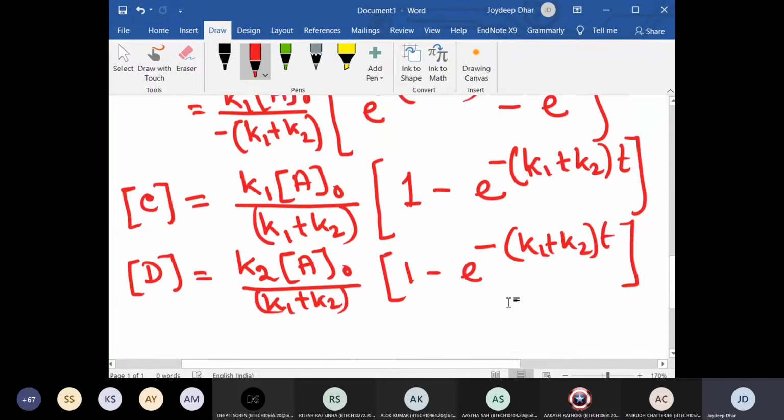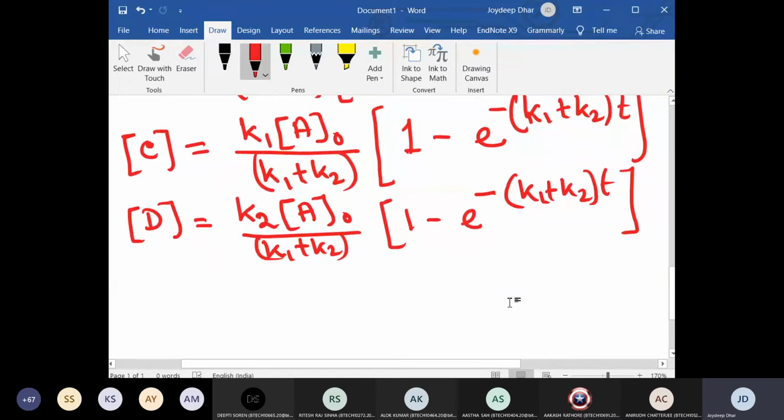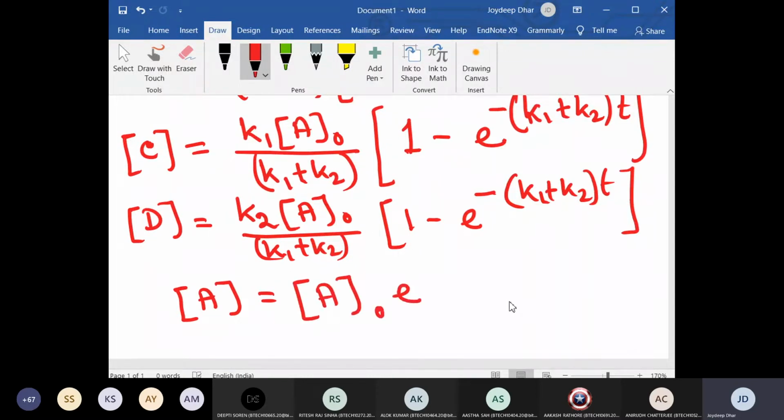So if two products are following a first order reaction or unimolecular reaction, then the concentrations of C and D at a particular time you can calculate by these two equations, and the amount of A that remains unreacted will be simply e to the power minus, as for a first order reaction. You write it the same way.